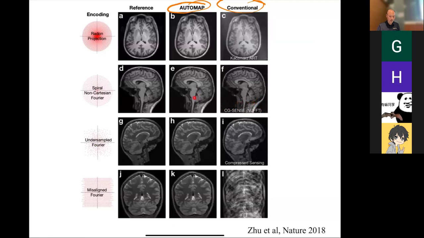Okay, this recon was probably less than a second. Now they spent a lot of time training the network. But the nice thing about deep learning is once you train the network, then the recon's very fast. It's just feed forward typically, right? Whereas with things like compressed sensing, you're iterating and spending hours sometimes looking for the solution. Okay, so that's another advantage of deep learning.